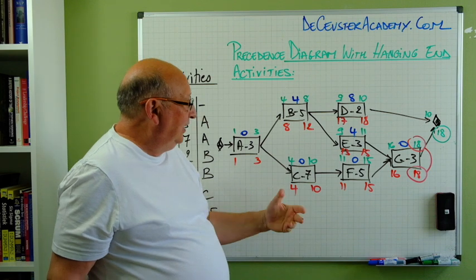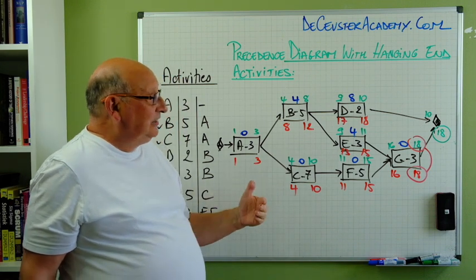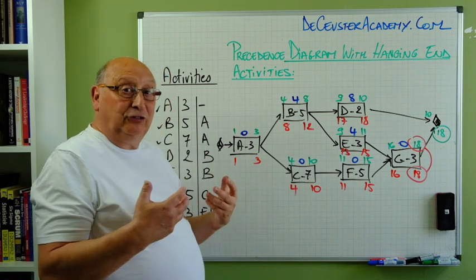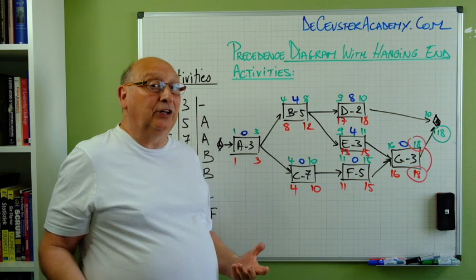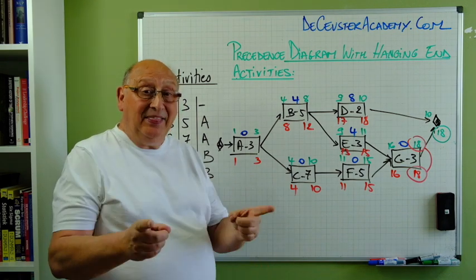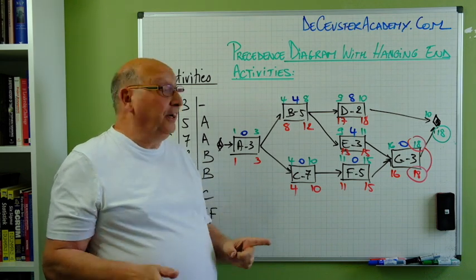We would have a different calculation here. And in that case, people make the conclusion, well, we have two paths with slack equal to 0. It means we have two critical paths. And that's not true. The critical path is the longest path through the network.